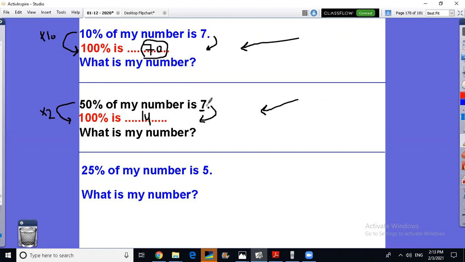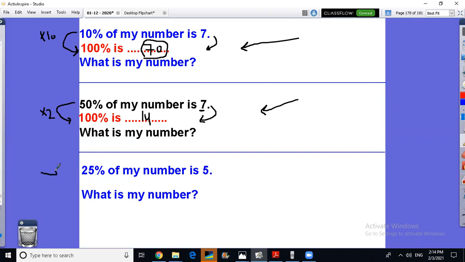So to find my number, I need to double, which is 14. Yes, exactly. So this way will always work with you. Okay, guys, again, 10% of my number is 7. Then what is 100%? From 10 to 100, I multiply by 10. 7 multiplied by 10 is 70. This line, the 100% line, you are the one who should add it there.